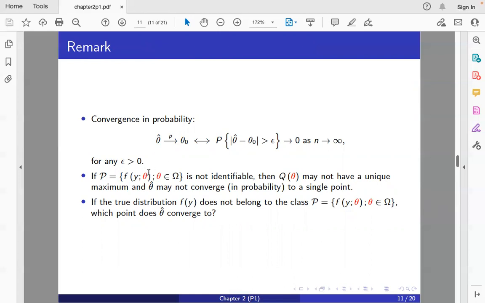The definition of the convergence property is that the probability that zeta is outside a certain epsilon range from the truth goes to 0 as n goes to infinity.